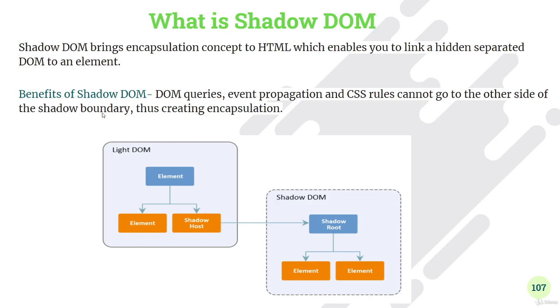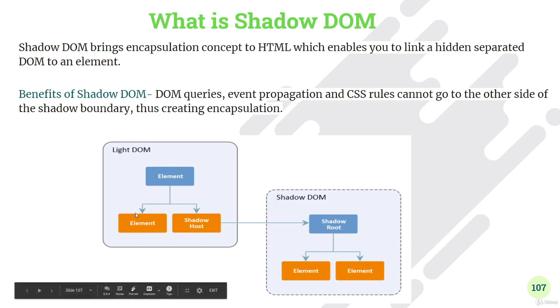Shadow DOM will not allow you to query the DOM element from the parent. Suppose light DOM is your parent element. Like in the previous video, we created hello parent component and hello child component. You can consider the light DOM as the parent component and the shadow DOM as the child component.